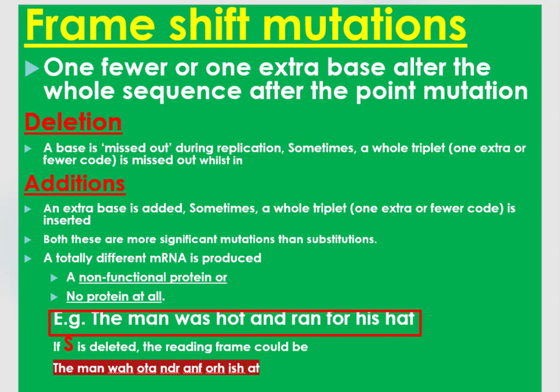But if we take out S at the end of was, that is a deletion mutation, it becomes: the man wah ota ndr anf orh ish and at. In other words, it no longer makes sense. In genetic term, it is missense coding.